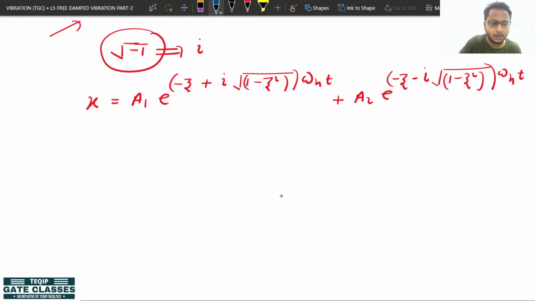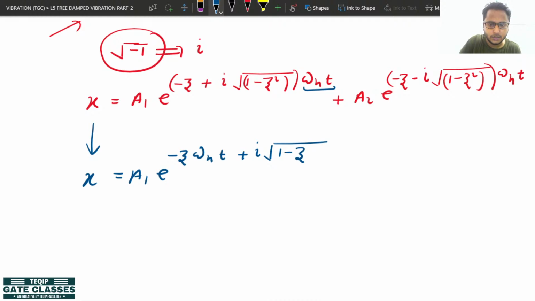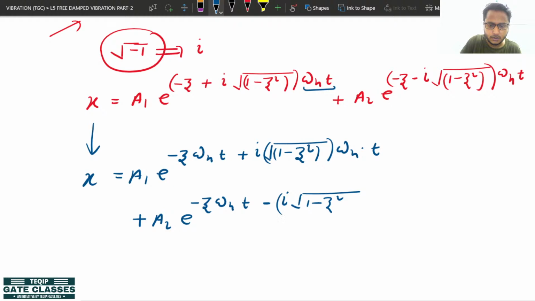After this simplification, a1 exponential to the power minus zeta omega n into t, taking inside this bracket, zeta omega n into t plus iota root of 1 minus zeta square multiplied by omega n into t, plus the second term a2 exponential to the power minus zeta omega n into t minus iota root of 1 minus zeta square multiplied by omega n into t, right?